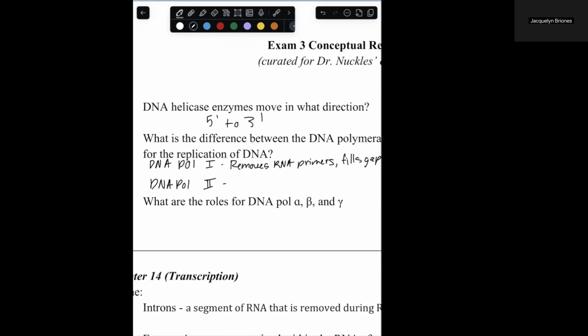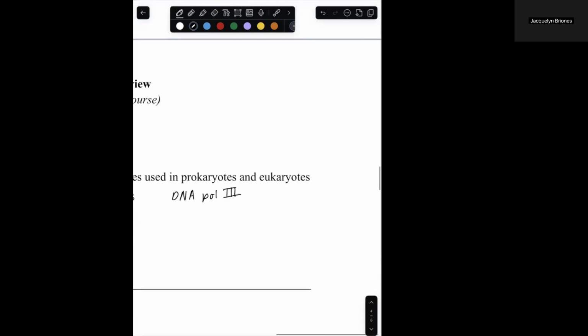And DNA pol 2 primarily does DNA repair. DNA pol 3, this is our main guy who synthesizes DNA in leading and lagging strands.